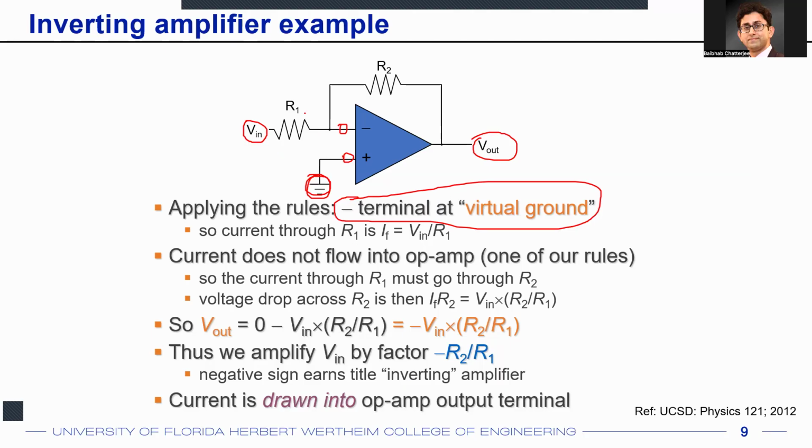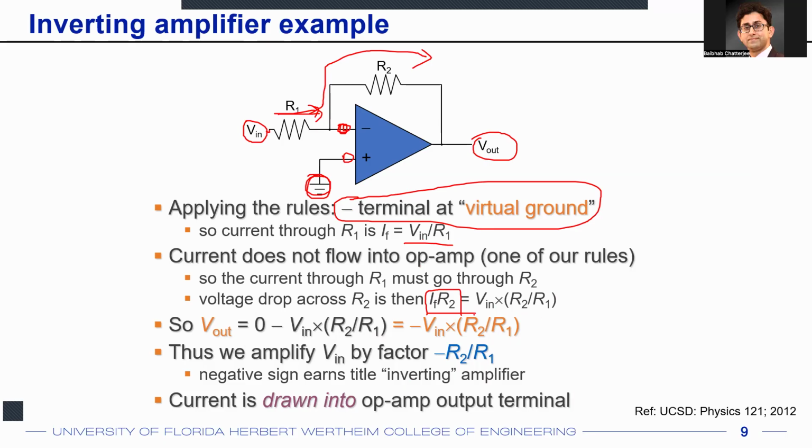And the current through this resistance R1 will be V in over R1, because if this point is V in and this point is virtually 0, then the current will be V in over R1. All of that current will go through R2, because no current can go inside the op-amp. So the voltage drop across R2 is going to be IF times R2, that same current times R2, and you already know IF is equal to V in over R1.